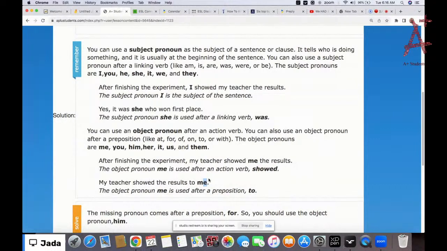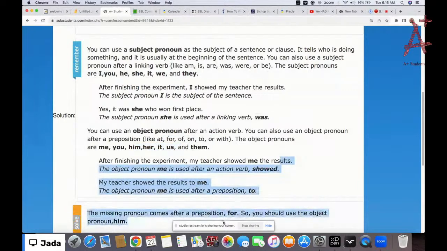And then you have me as the object pronoun here. I hope that you guys understand the difference. For subject pronouns, it is linking verbs, and these are the subject pronouns. But for the object pronouns, it could be an action verb or preposition, and these are examples of the object pronoun.